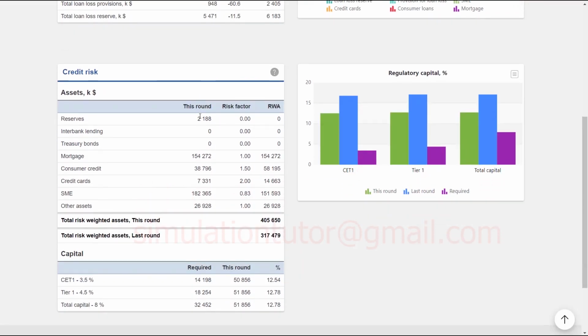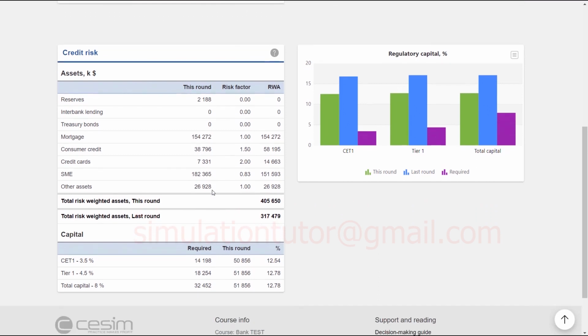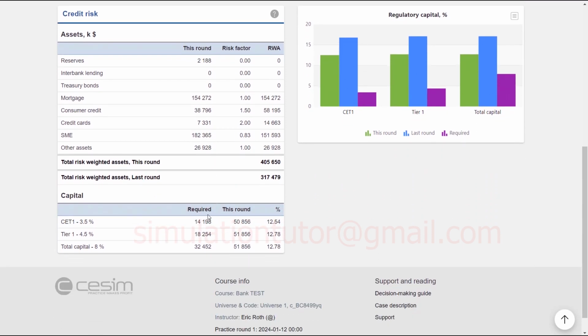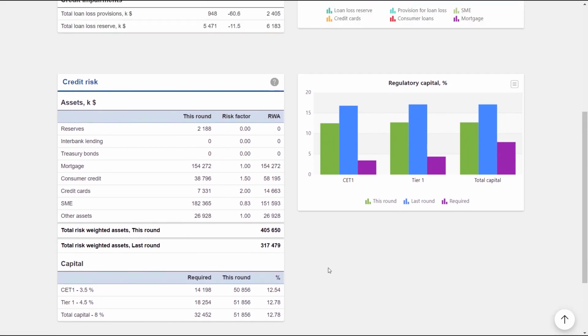Credit risk is this section here, and the system is automatically calculating the risk-weighted assets here depending on our balance sheet, and then we are calculating the capital adequacy ratios, which have certain minimum levels. If these numbers start going below the minimum required, then the system will automatically restore the ratios by issuing equity.